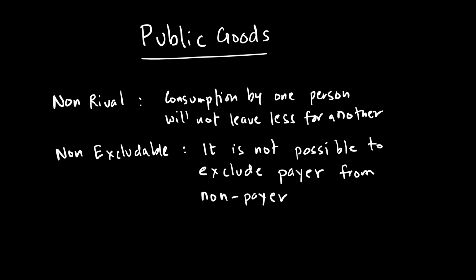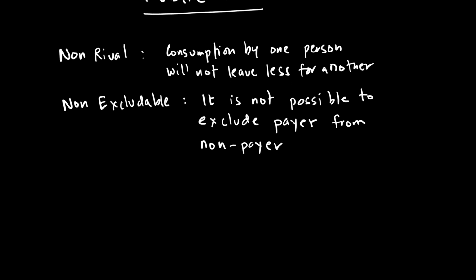Another way we look at non-excludability is that once you provide the good, you can't stop anyone from benefiting from it. Once the street light is provided, it's difficult to stop people from consuming it. Another good example could be national defense, protecting our borders.